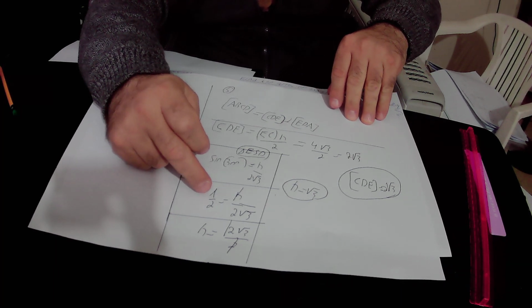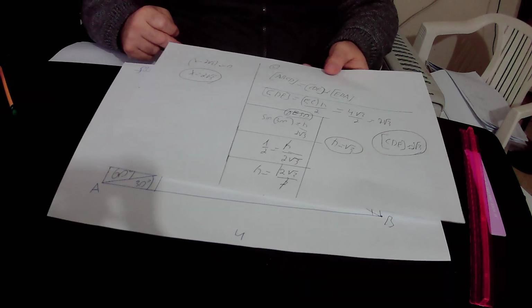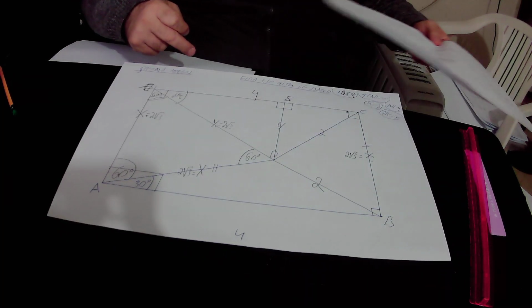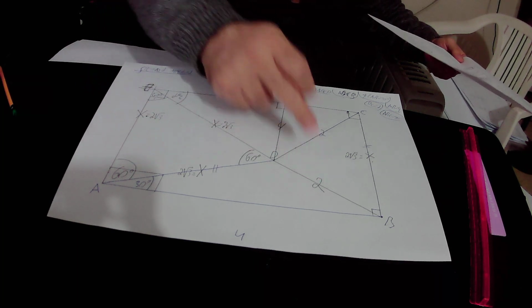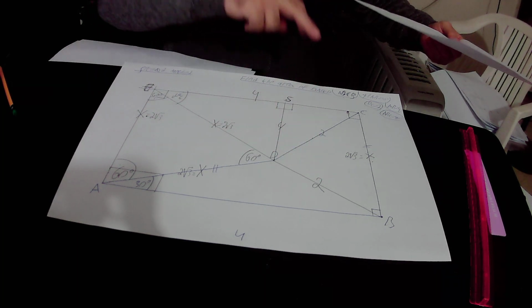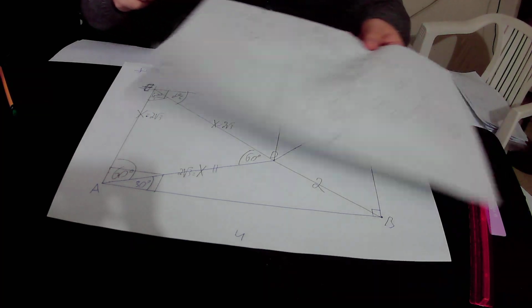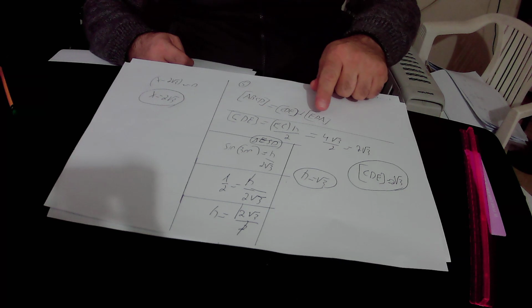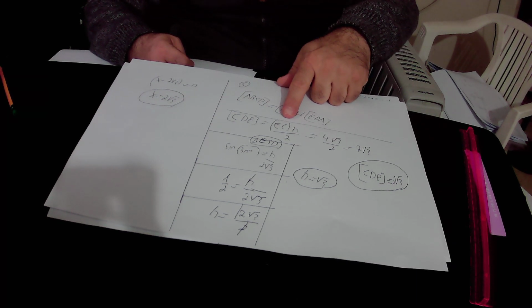The height equals square root of 3 units, and therefore the area of triangle CDE, that is actually equal to the area of triangle ADB, equals the base, that is CE, times the height, that is h, over 2.